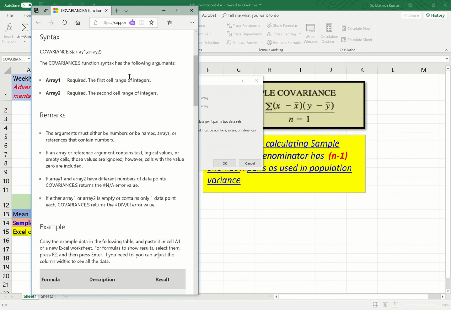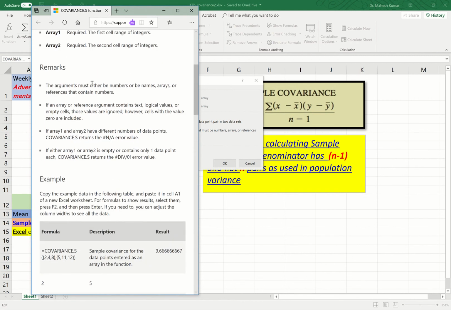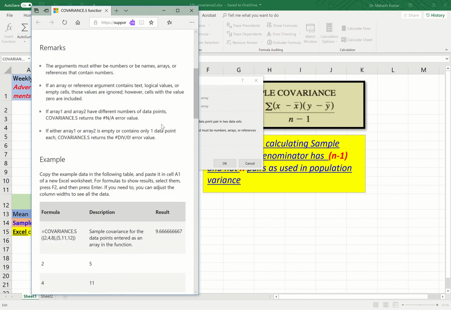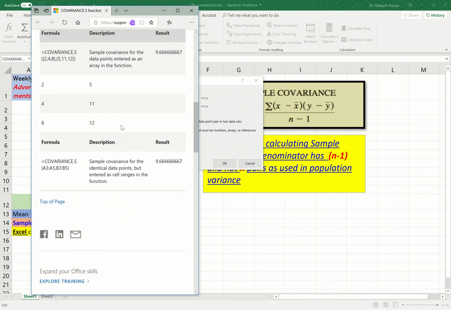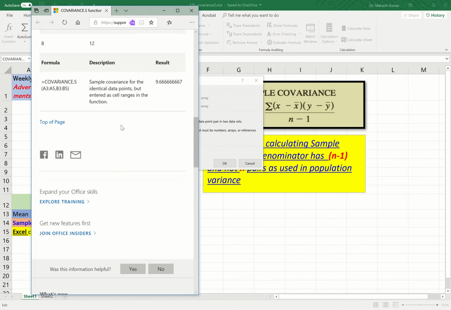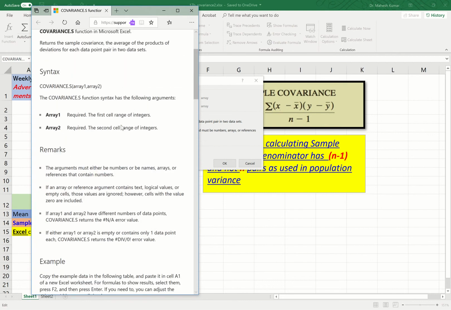So if you scroll down, it even tells us the argument must either be numbers or names. So array 1 and array 2 data has to be supplied, but it does not give us the formula of computing sample covariance. It is very interesting.